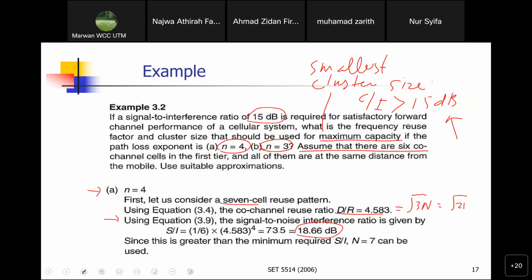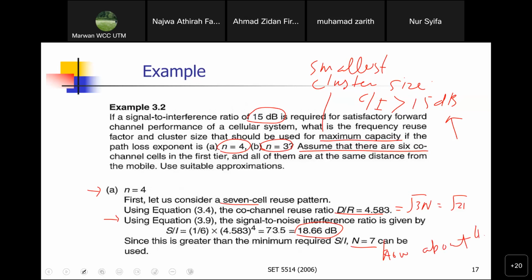So when you do 7, it should be bigger than 15. What does it mean? It means that you can use 7. But this actually did not answer the question yet. The question asks for the smallest cluster size. So 7 can be used, but how about 4? That will be smaller.